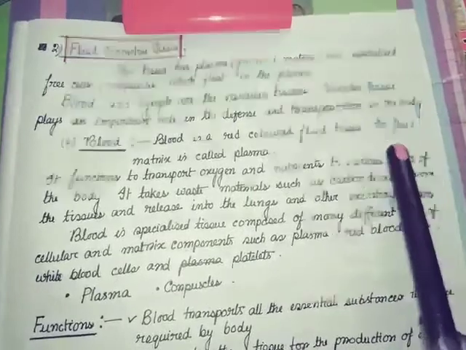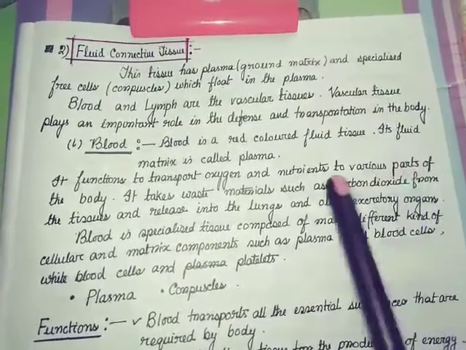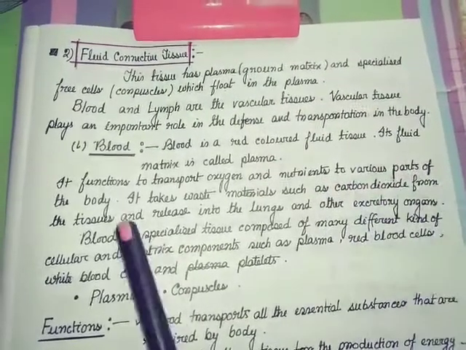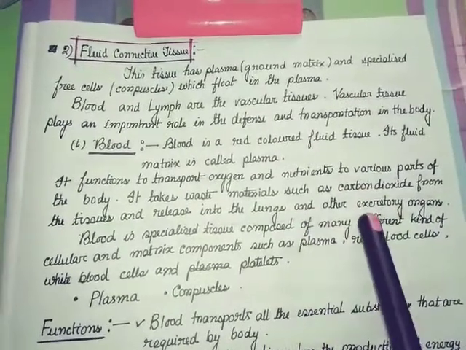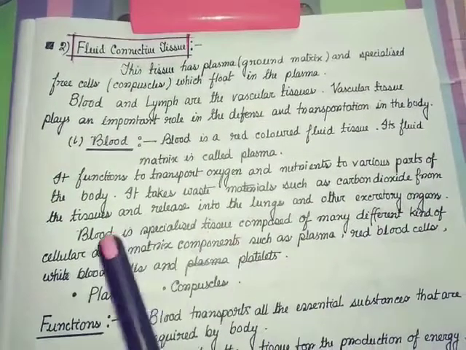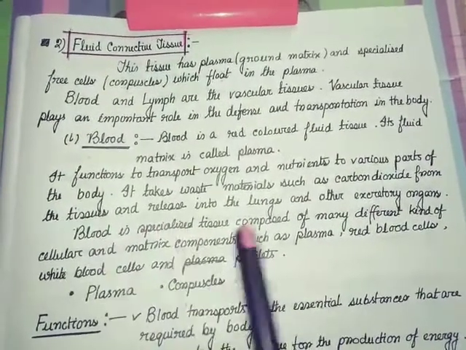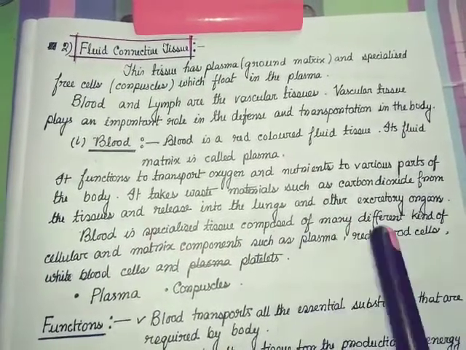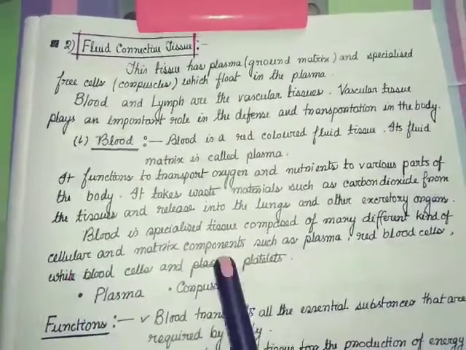So it takes those waste materials such as carbon dioxide from the tissues and releases them into the lungs and other excretory organs. Blood is a specialized tissue which is composed of different types of cellular and matrix components.